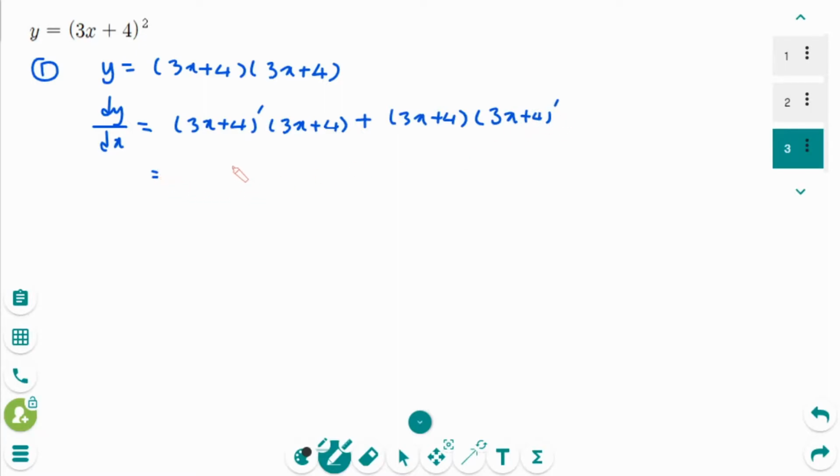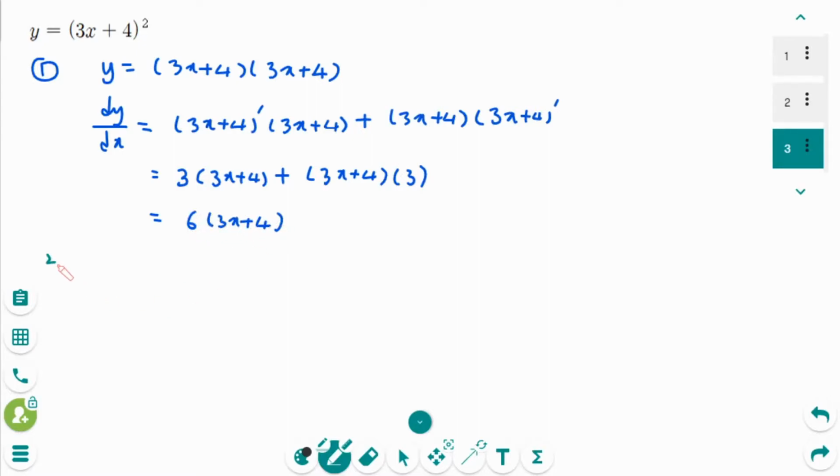The derivative of 3x plus 4 equals 3, then times (3x plus 4), plus (3x plus 4) times 3. So we can simplify to 6 times (3x plus 4).